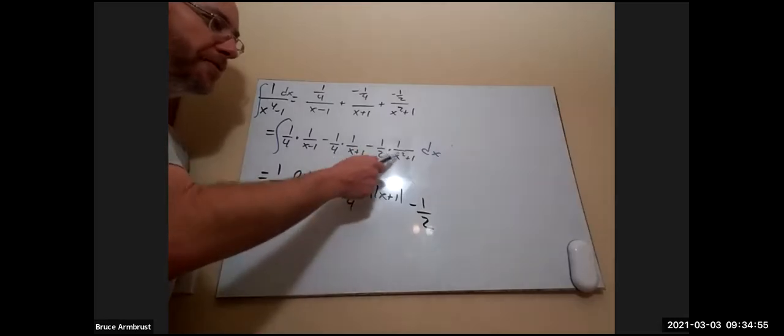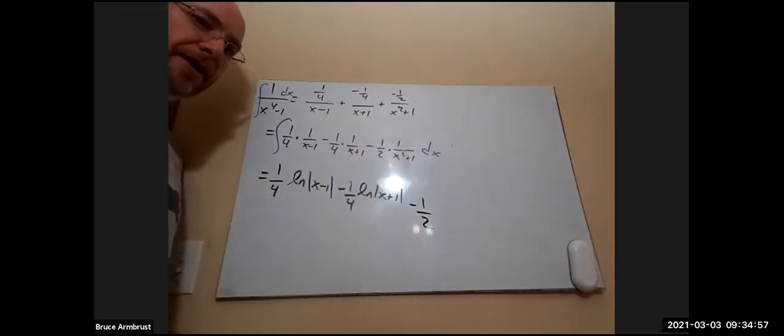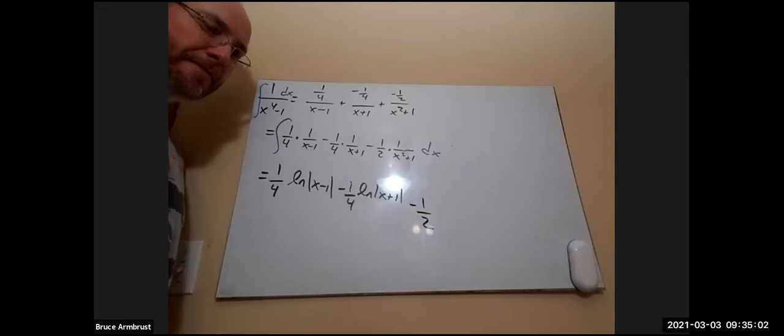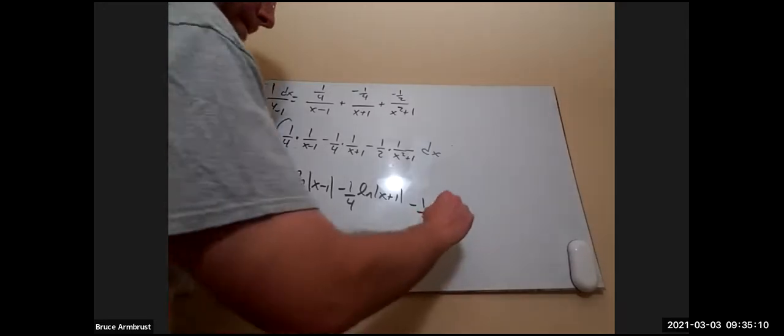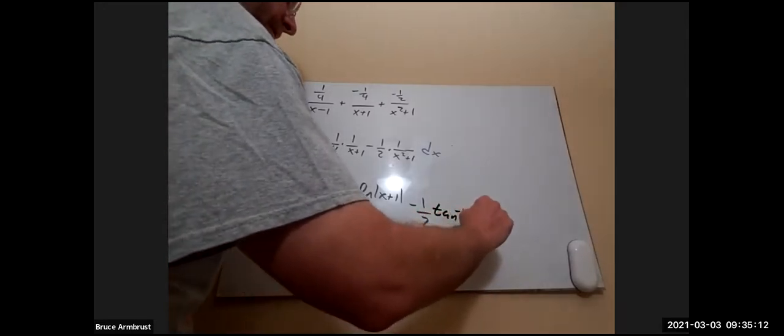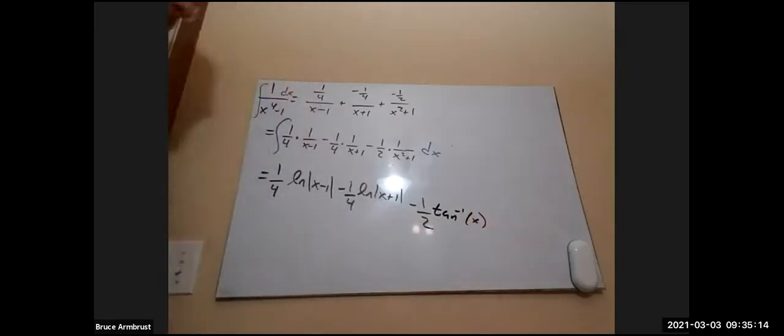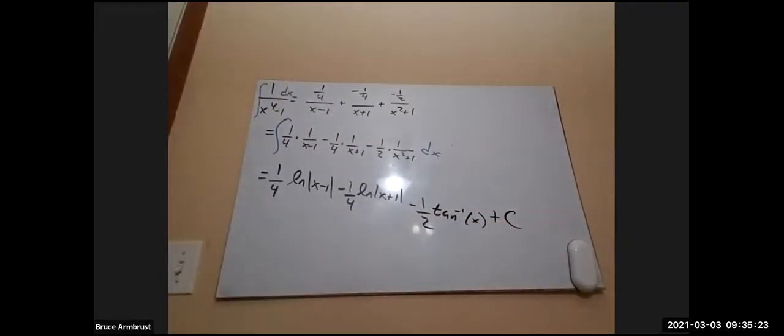And what do we get when we integrate 1 over x squared plus 1? All right, close, Bruno. It's not tangent, but inverse tangent. So that guy's the inverse tangent of x. And then, of course, we put on our plus c.